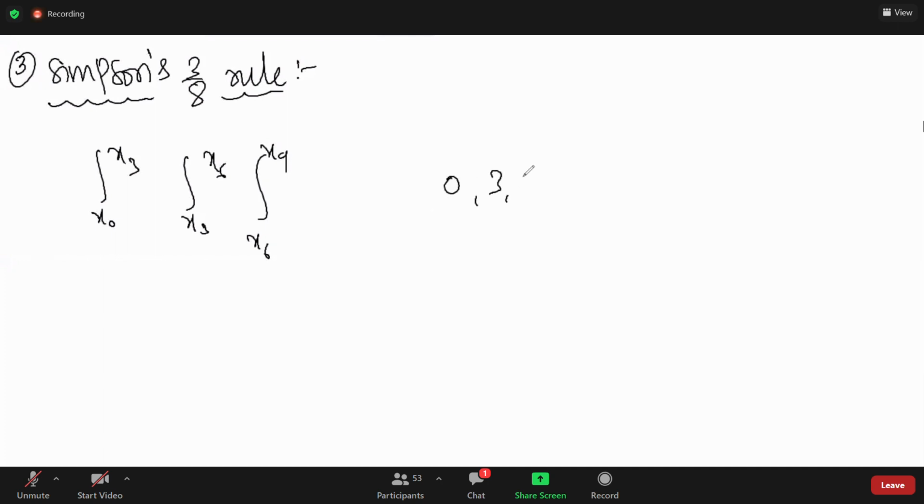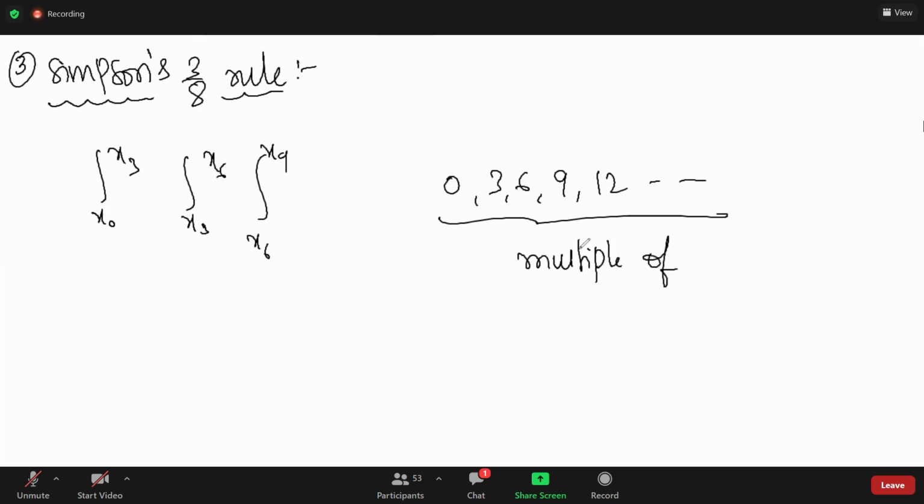That means 0, 3, 6, 9, 12, etc. So these numbers are multiples of which integer? Very good, multiple of 3. So in Simpson's 3/8 rule, the number of subintervals is a multiple of 3. Either 3 subintervals or 6 subintervals or 9 subintervals or 12 subintervals, etc.